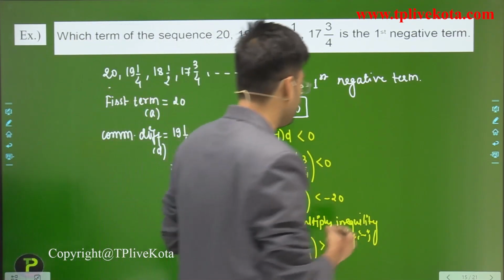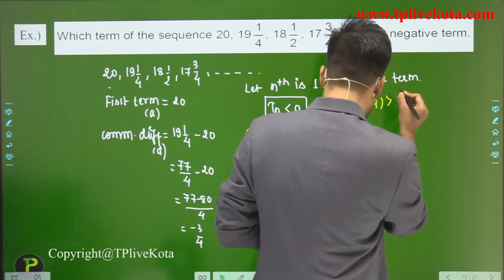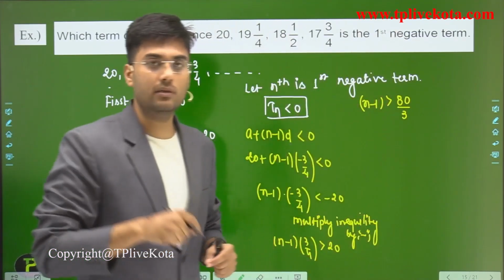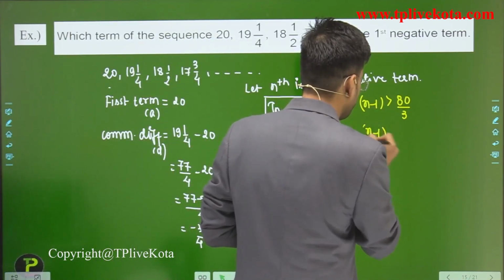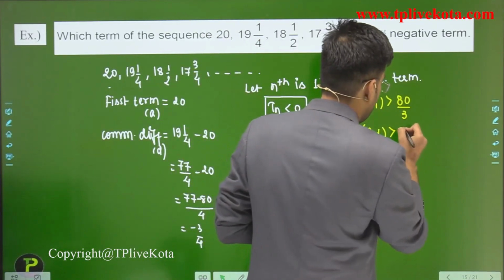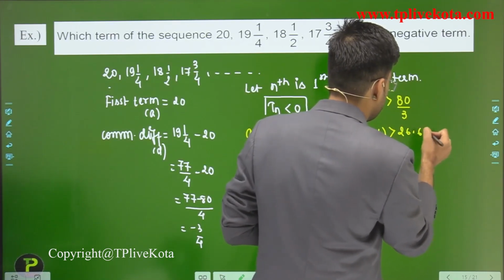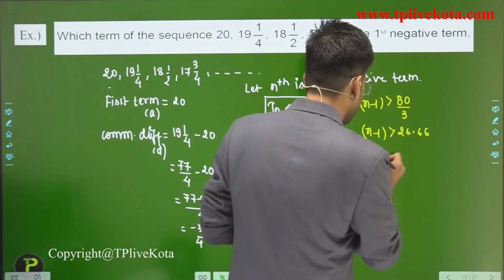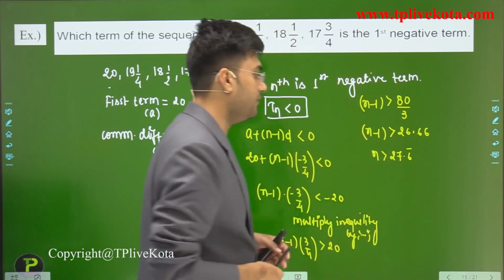So when we solve this, what will we get now? n minus 1 is greater than 80 divided by 3. n minus 1 greater than 80 by 3. So n minus 1 should be greater than approximately 26.66. So we can say that n is greater than 27.66, or 27.6 bar.